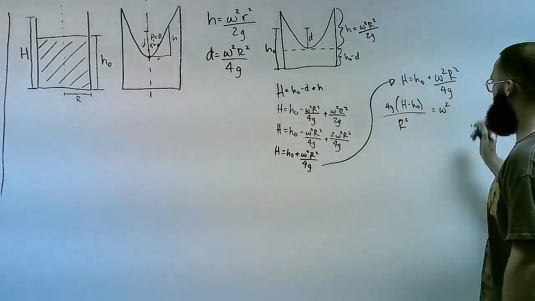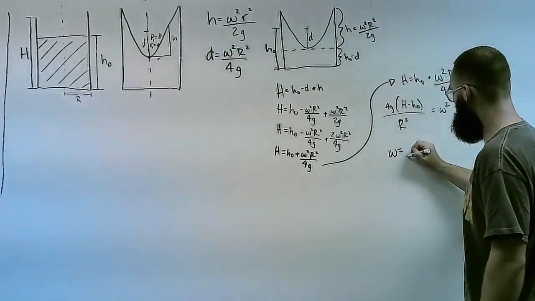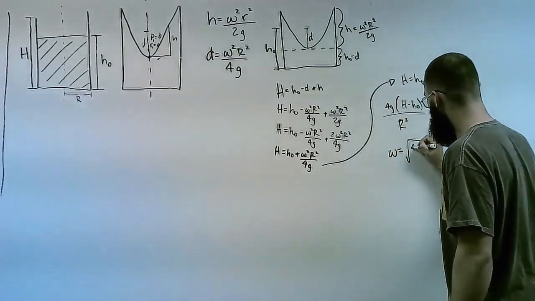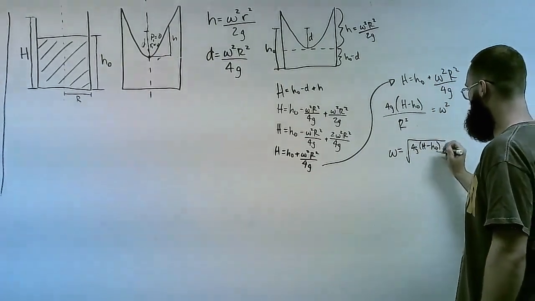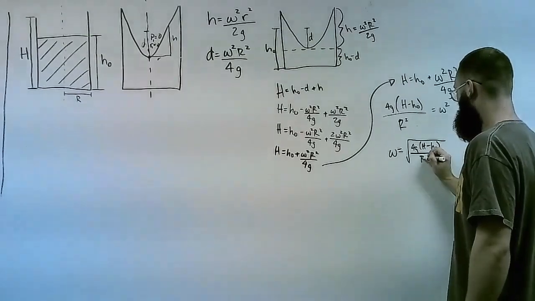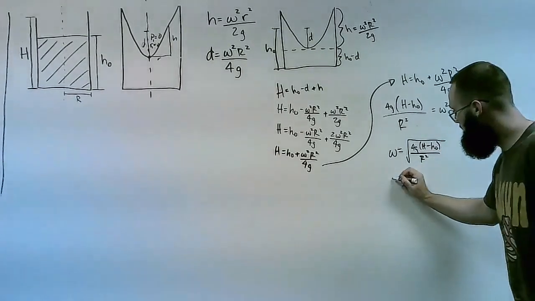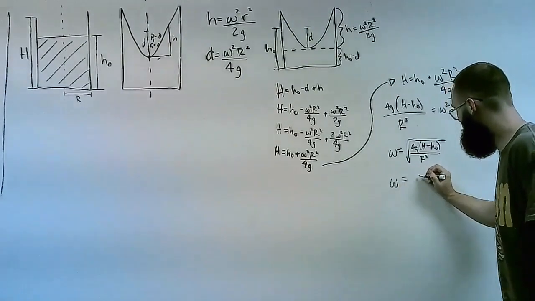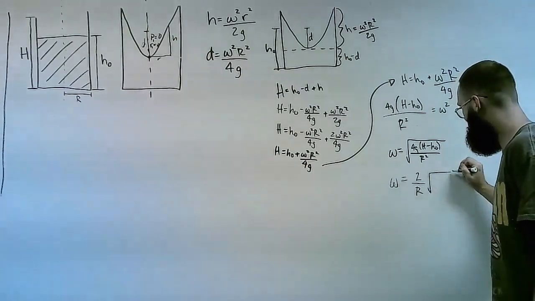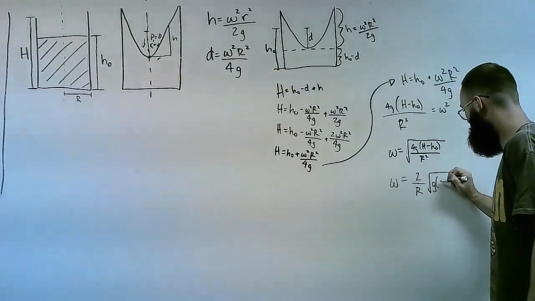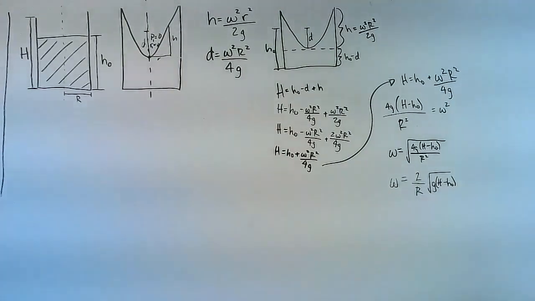That'll be equal to omega squared. So omega will be equal to the square root of 4g times h minus h naught all over R squared. We can take a couple of these out of the radical, which leaves us with omega is equal to 2 over R times the square root of g times the maximum height minus the initial height of the fluid.